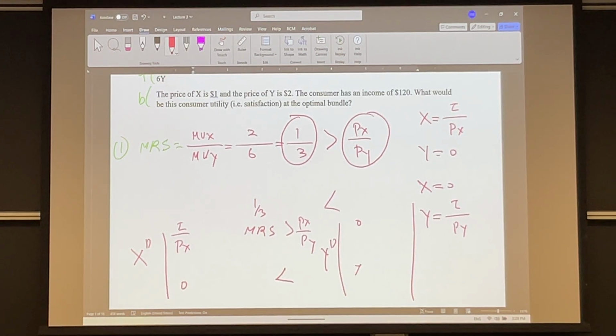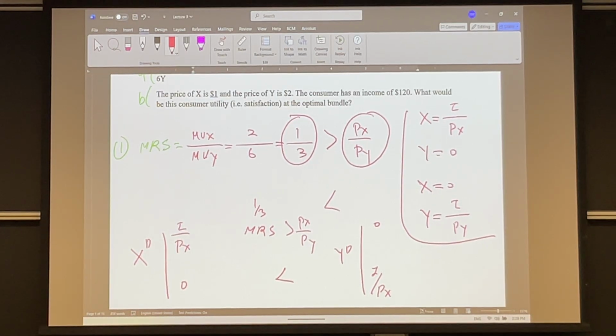Demand for Y is the other way around. 0 here, and everything depends on the price of Y down here. So both demands for X and Y are kinked. The demand for perfect substitutes is kinked.